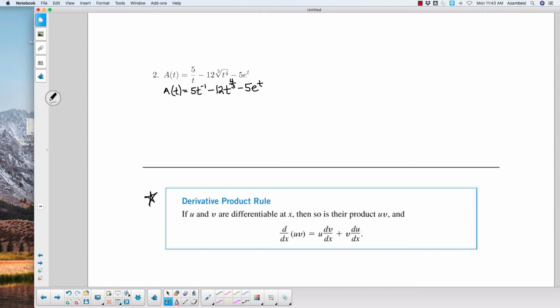Now remember that the derivative of e to the x is just e to the x. So if I'm going to look at that last term, I'm just going to end up with the same thing all over again.